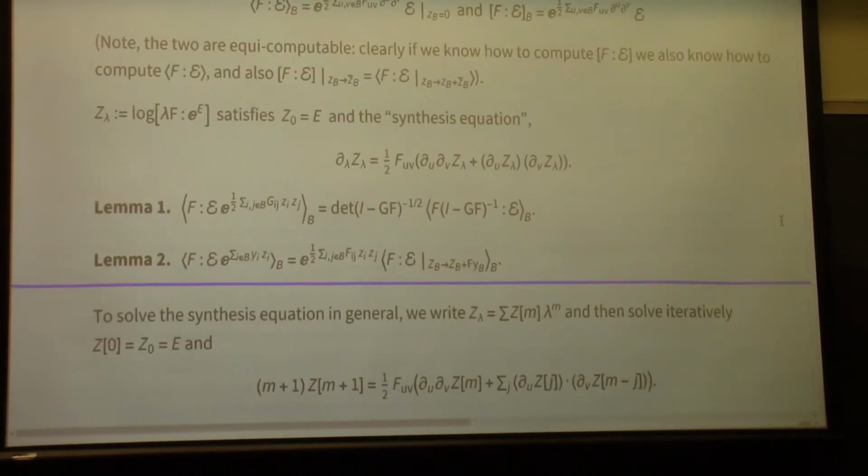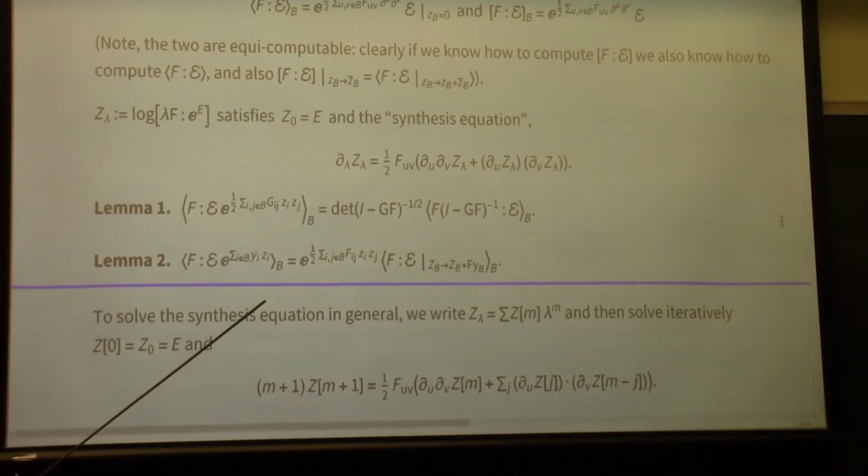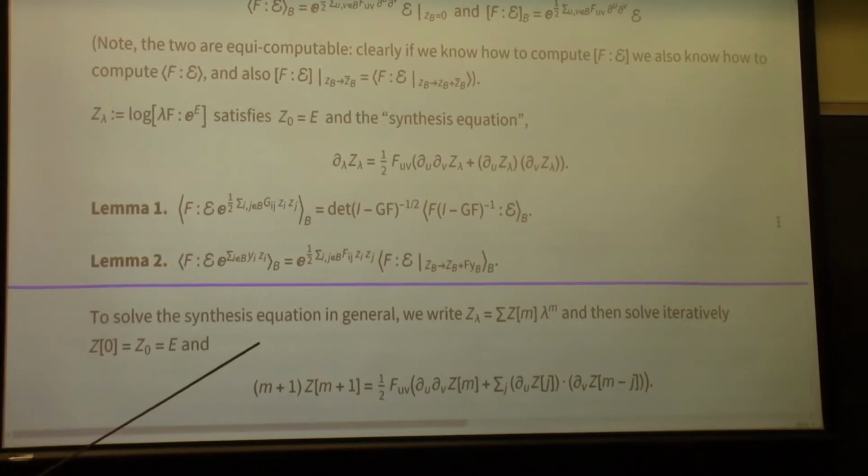Okay, and then last time we talked about two lemmas, and now I want to complete the discussion. So, lemma number one. In fact, I think last time I gave them in the opposite order, but that was probably a mistake.